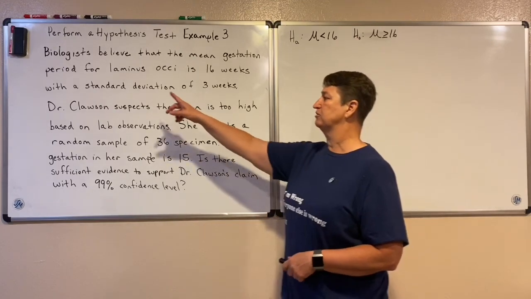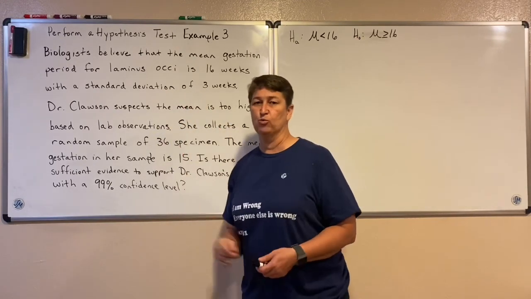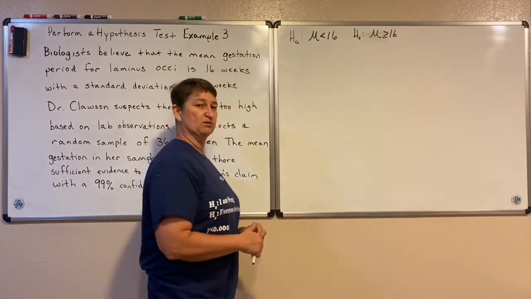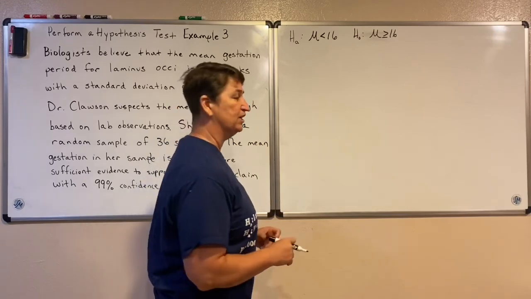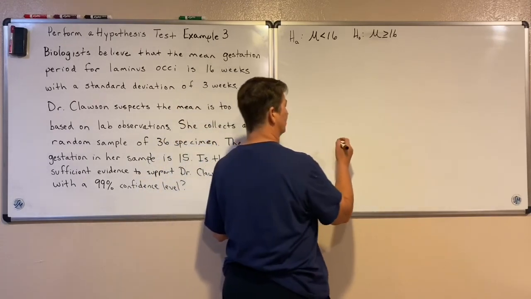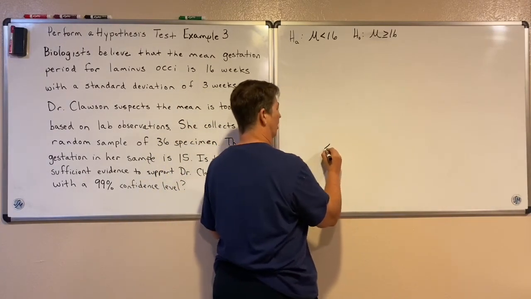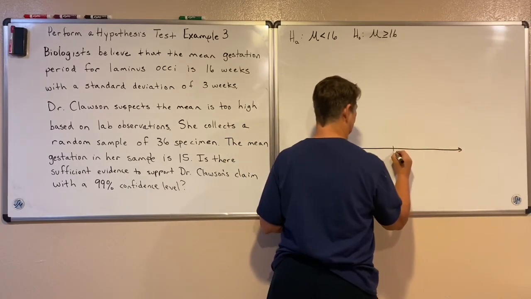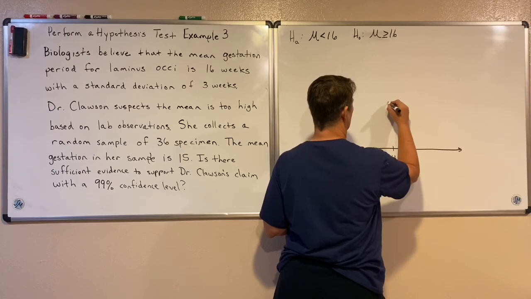Our population standard deviation is 3 weeks. So since we know our population standard deviation, we collected a simple random sample, and we have at least 30 in our sample size, we know that our test statistic is going to belong to a normal distribution. That sampling distribution is going to be normal.